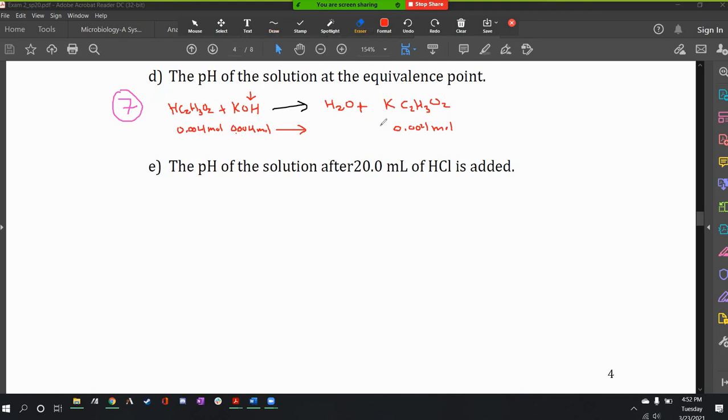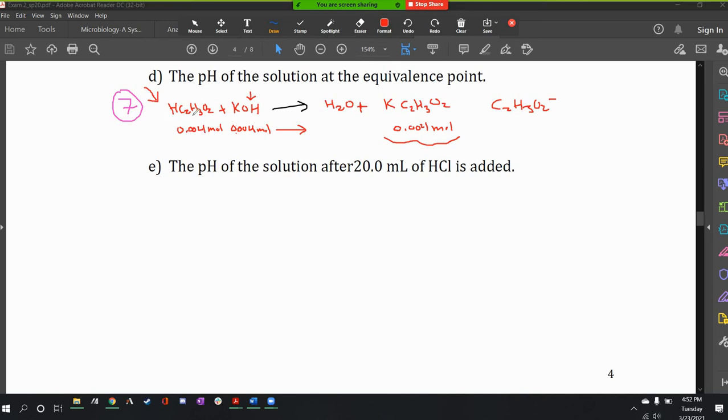That matters, because the pH is not 7 at the equivalence point, because we've formed a very small but significant amount of a base, C2H3O2 minus, the conjugate base of what started off as a weak acid, and the conjugate base of a weak acid is always itself a weak base. So we don't have a neutral solution.